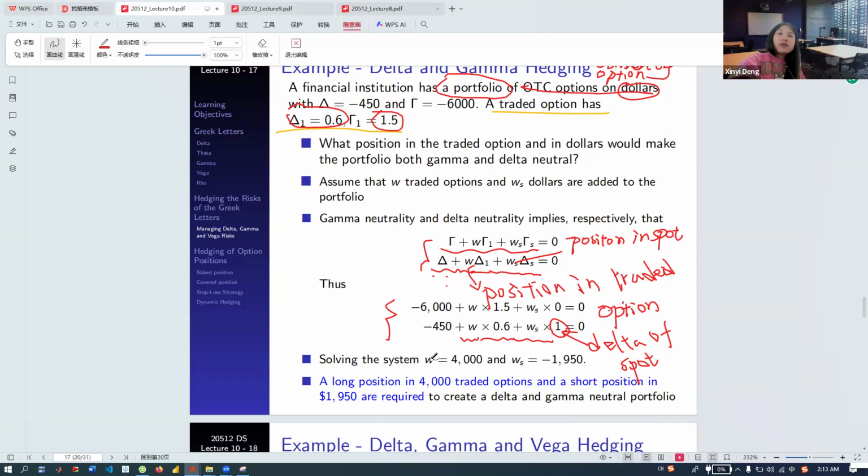So the answer to this question is that we are going to take a long position in 4,000 traded options, and also a short position of 1,950 dollars. So yep, that's the W and WS we get.